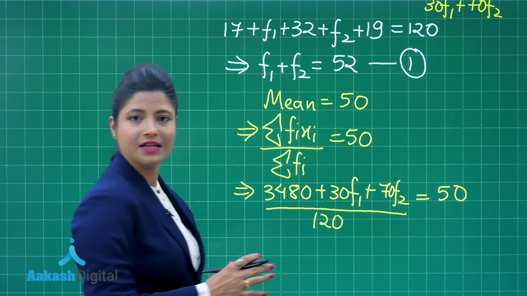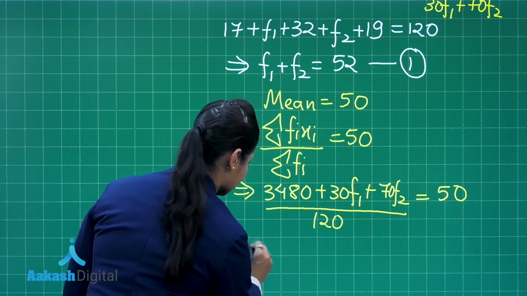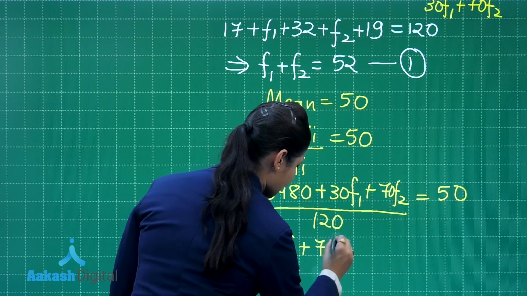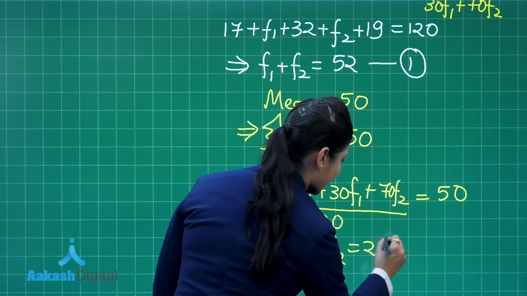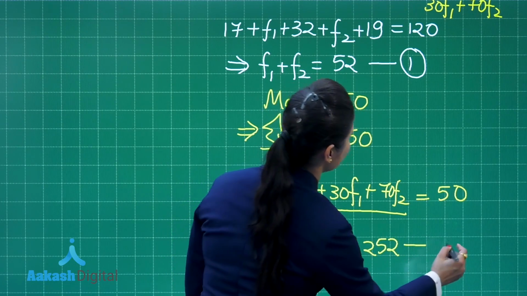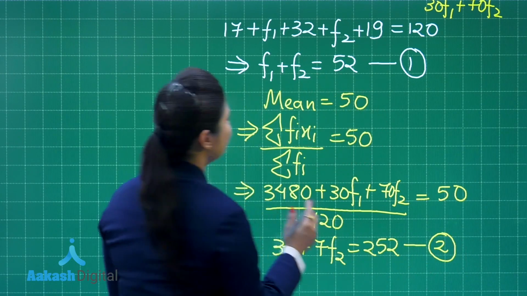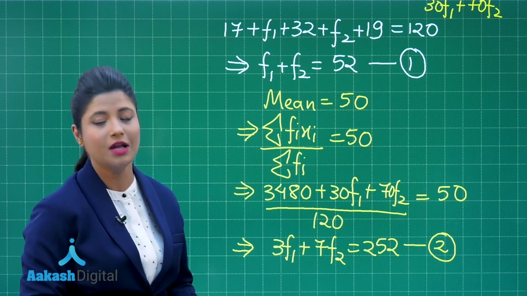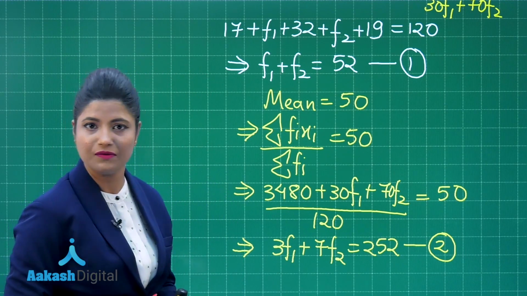When you simplify this equation, you obtain 3F1 plus 7F2 equals 252. Let's consider it to be equation number 2. So we have equation number 1 and equation number 2 in terms of F1 and F2. When you solve these, you will get the values of F1 and F2.